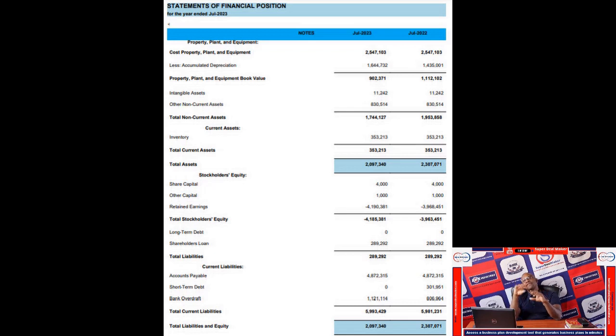And sometimes you can have negative earnings, right? Where the business hasn't been making money. Then that means you need to fund your business using the liabilities, because your equity will be negative. So if you have a negative equity, that means you have more liabilities.